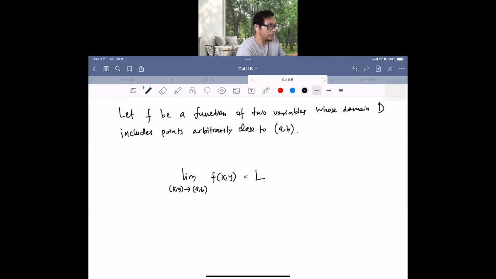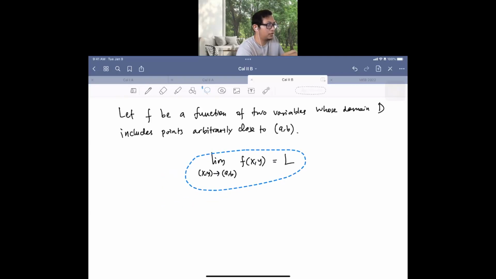Then we can say the limit of f(x, y) as (x, y) approaches (a, b) is L.